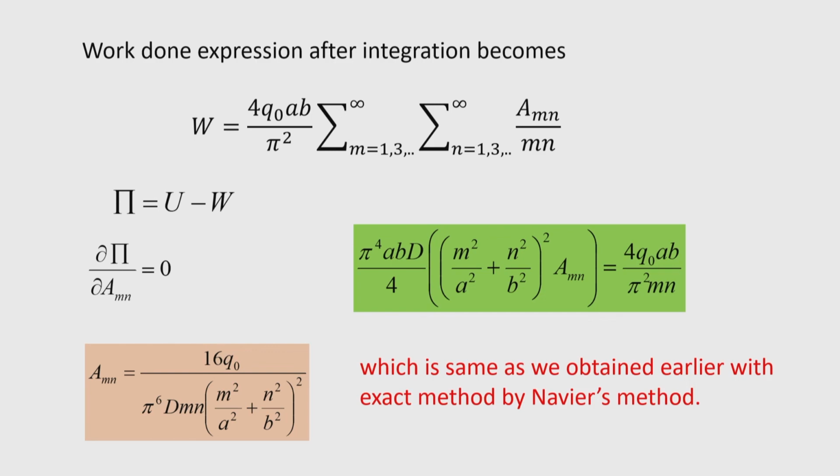Therefore, it yields the exact solution. Even though we are using Rayleigh's method, we are arriving at the exact solution of the differential equation of the plate. So, Rayleigh's method is a very powerful technique in solving boundary value problems in mechanics or mathematical physics, and conveniently it is used for plate problems of different nature.